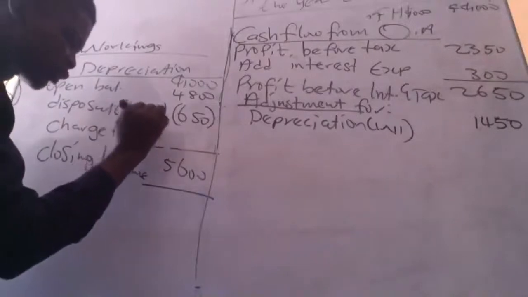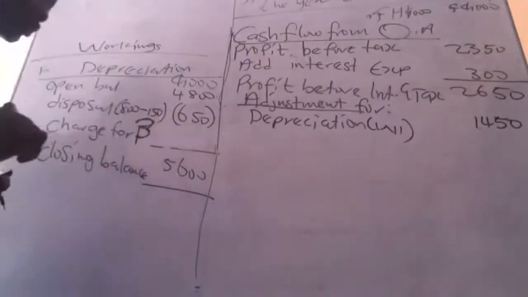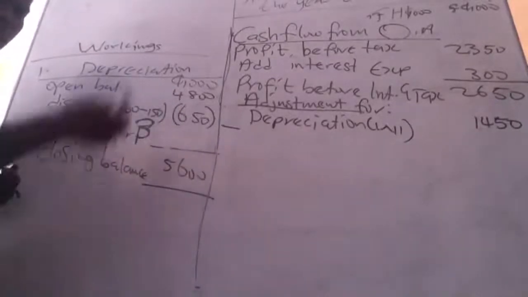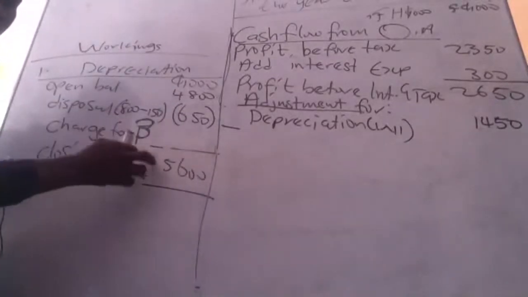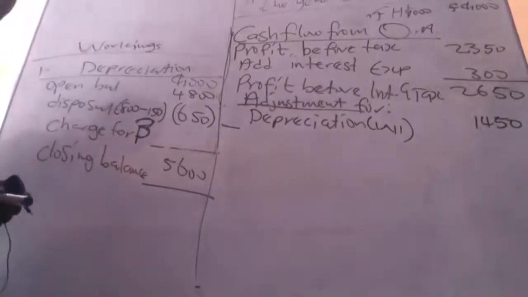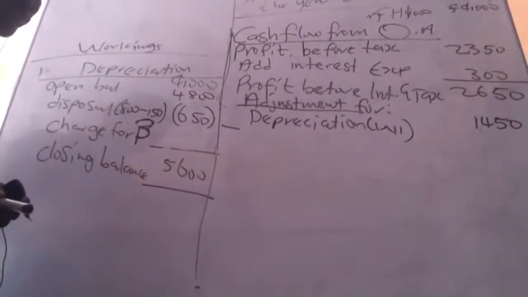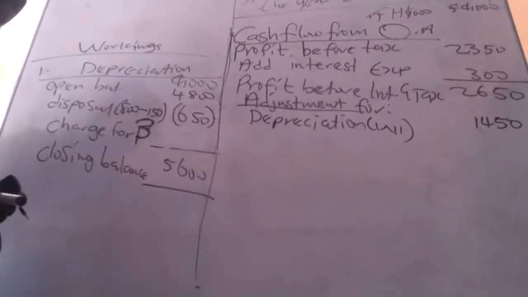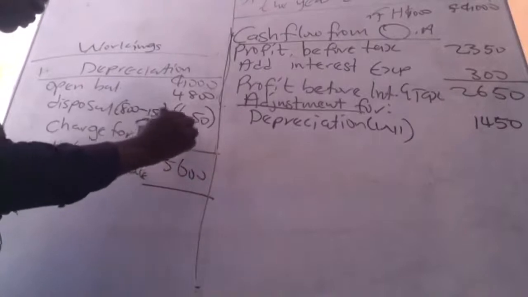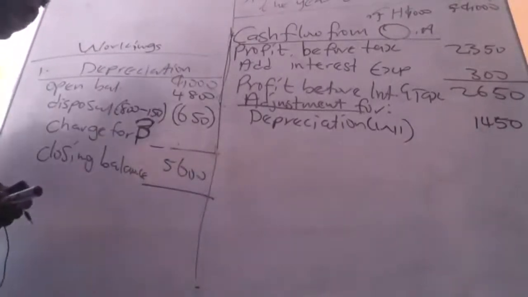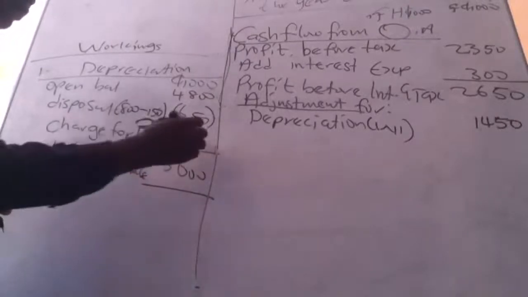Meaning balancing figure. Good. So add these two together. Whatever answer you get, match it. Come and face the closing balance. How do you get it? Okay, so what do you get when you do it? When I added the two, I had 5450.